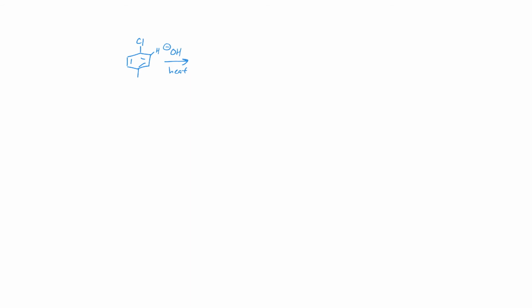What's going to happen here is that we remove the H, and we essentially do an E2 elimination. This is E2-like, because we don't really do E2 eliminations where we have vinyl carbons or sp2 hybridized carbons.